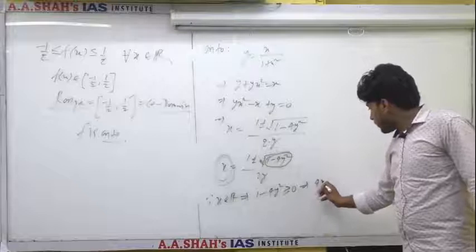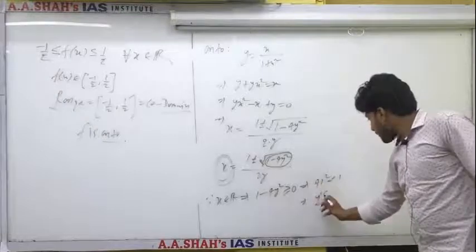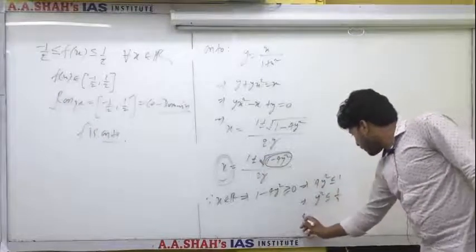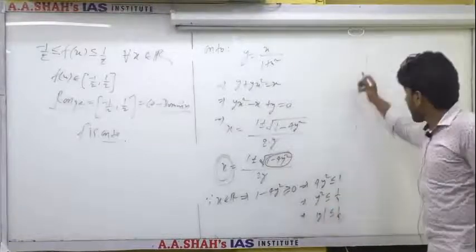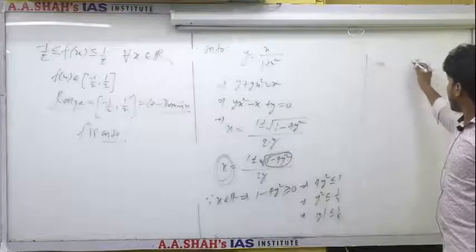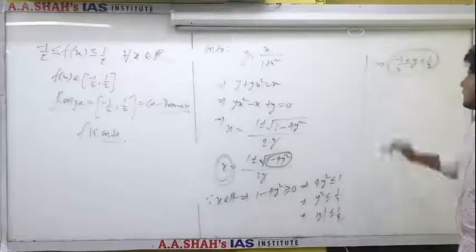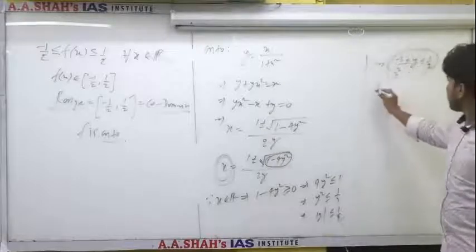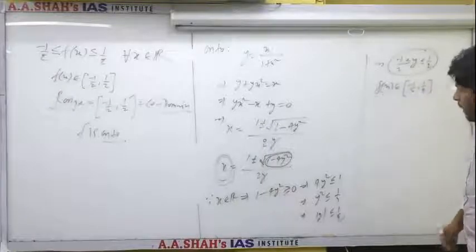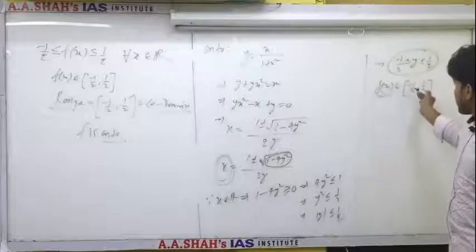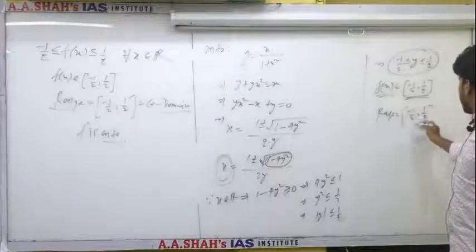This implies 4y square is less than or equal to 1, so y square is less than or equal to 1 by 4. Taking square root both sides, mod y is less than or equal to 1 by 2, and this implies y is greater than or equal to minus 1 by 2 and less than or equal to 1 by 2, and this y is the range. So the range of the function is minus 1 by 2 to plus 1 by 2.